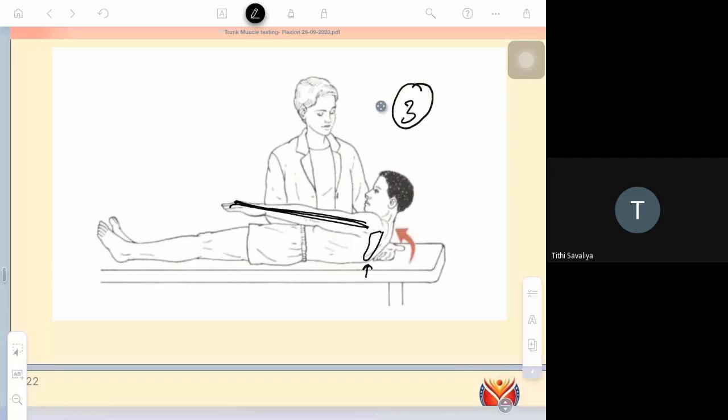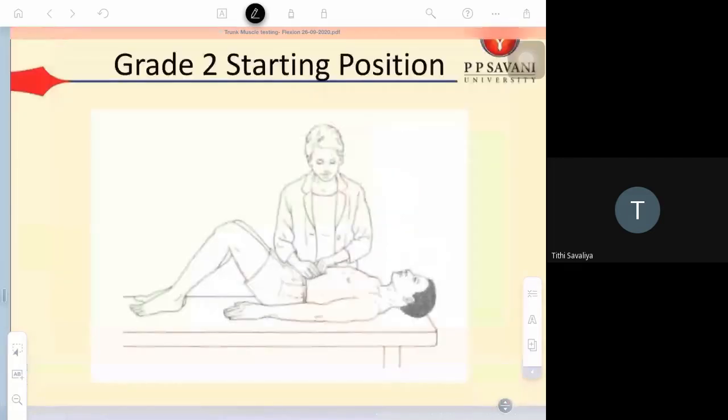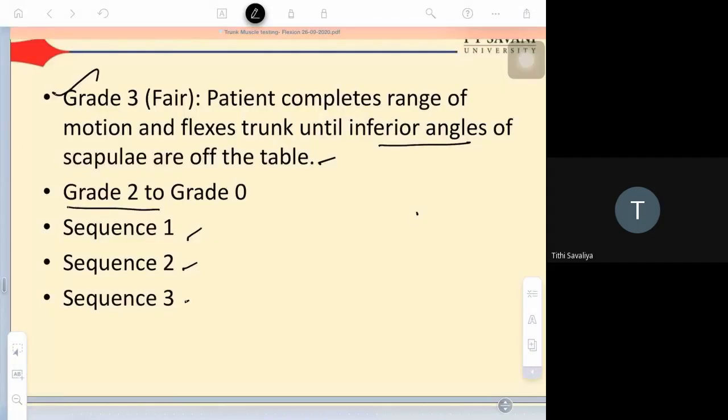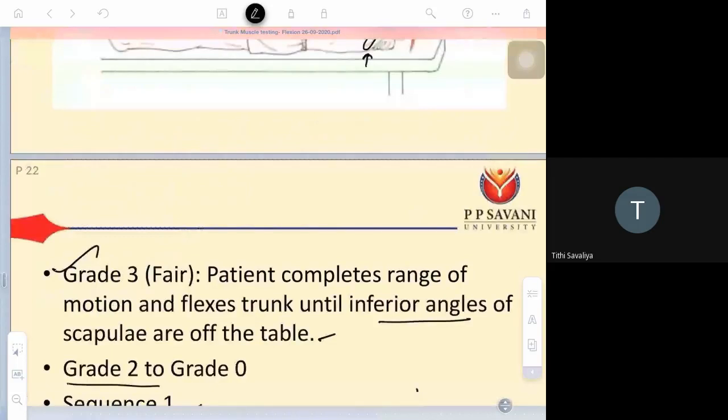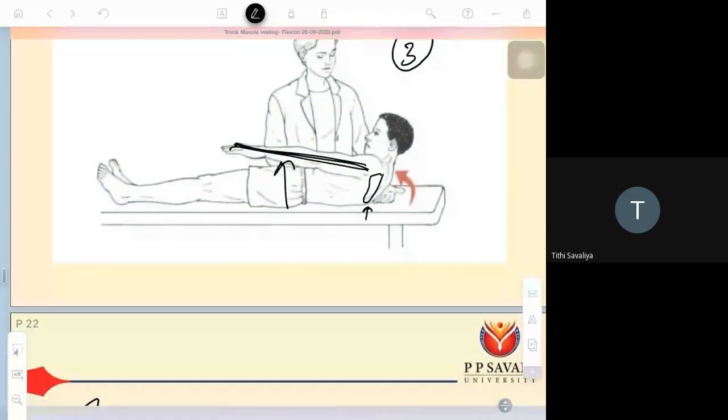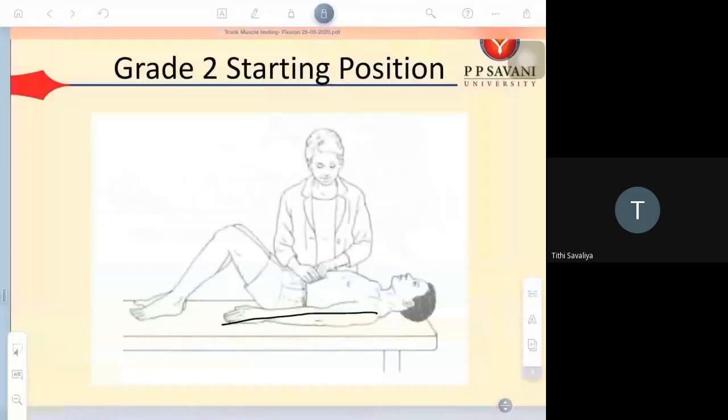So in 2, in this position, you see the arm is resting on the table. Clear. But here, the arm is not resting on the table. So this is the starting position, that is, arm by the side or on the table. From this position, you will ask the patient to raise the head.